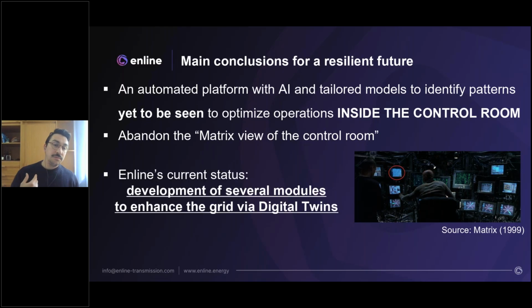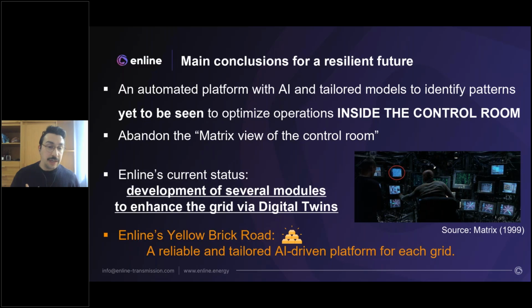And at Enline, our current status nowadays is in the development of these models. I just showed you 2 models, the thermal model of a digital grid and also the electrical model, all talking to each other. I believe we are in this situation nowadays.